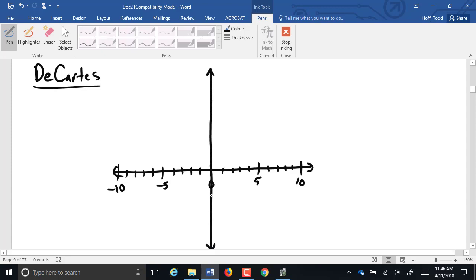The 0 of this second number line overlapped with the 0 of the first number line. Positive numbers went up, negative numbers going down.